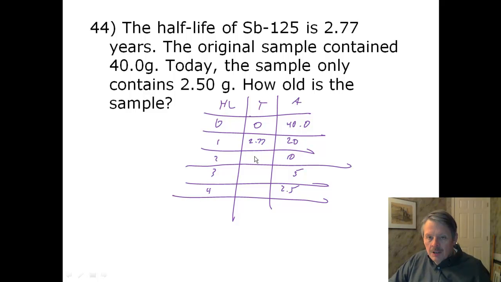So we take the 2.77, we take 5.54, we add 2.77 again, we add it again, we get 8.31, and we add it again, and we get 11.08. Okay? And that's that one.